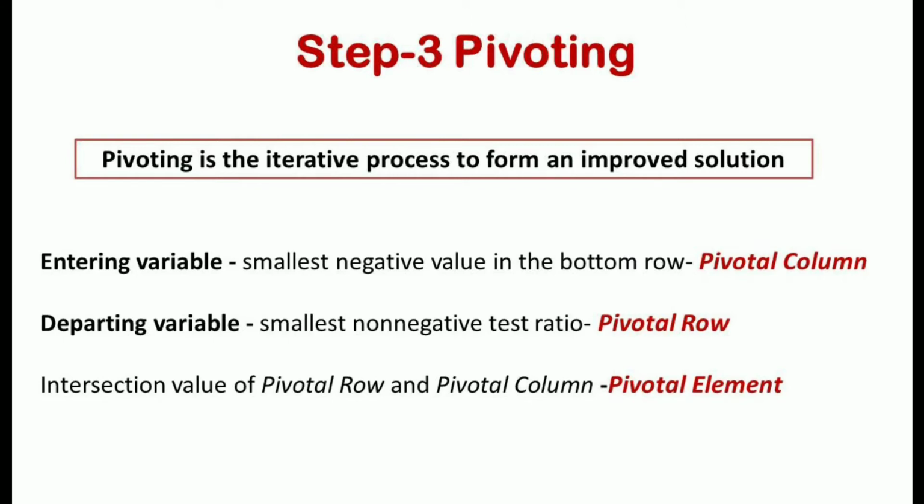Once the pivot row and pivot column are identified, the coefficient at the intersection of the pivot row and pivot column is marked as the pivot element.